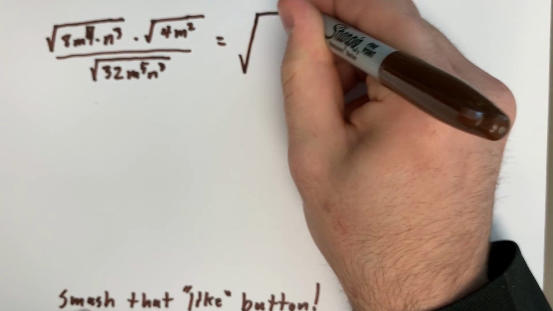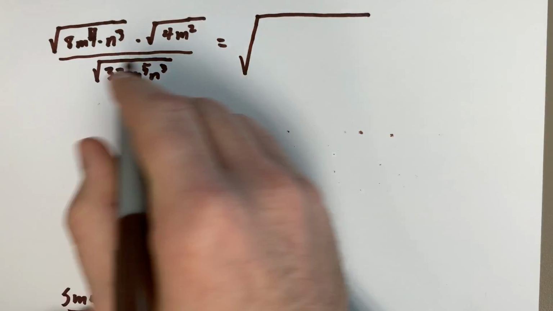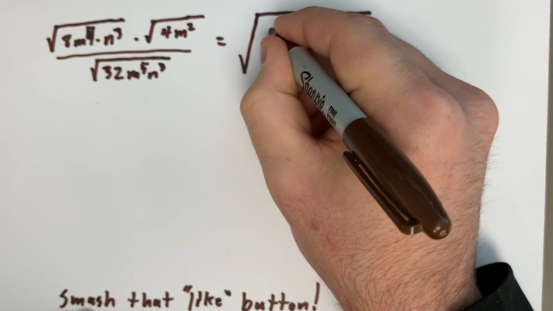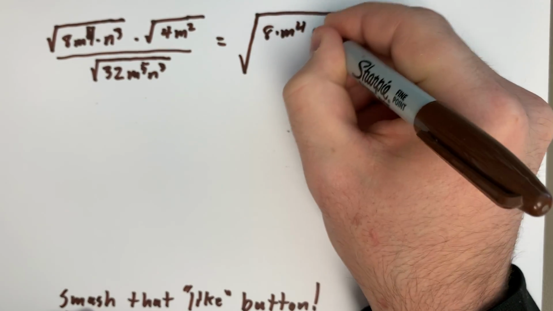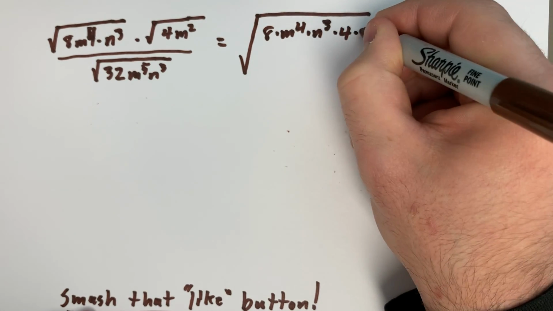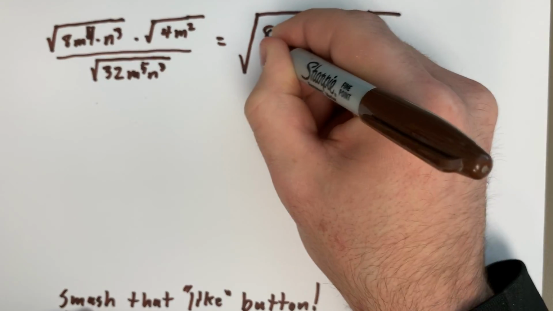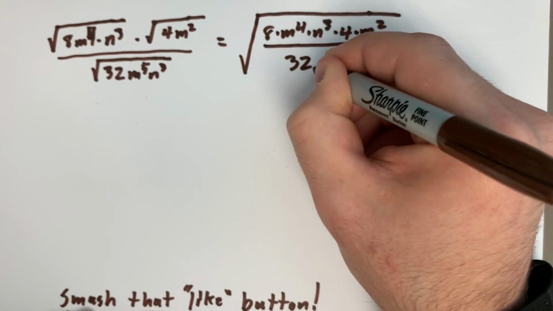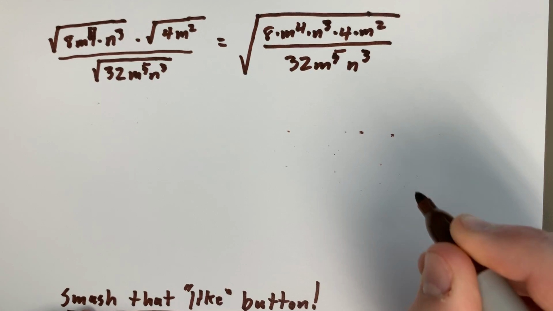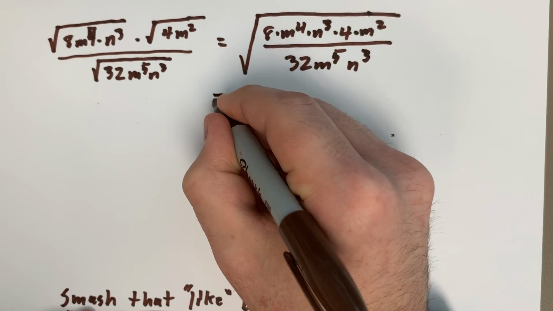So I have one giant radical, because it's all the same square root, they're not different powered roots, so we can do this. We have 8 times m to the 4th times n cubed times 4 times m squared, all over 32 m to the 5th n cubed, and that's what we have so far.